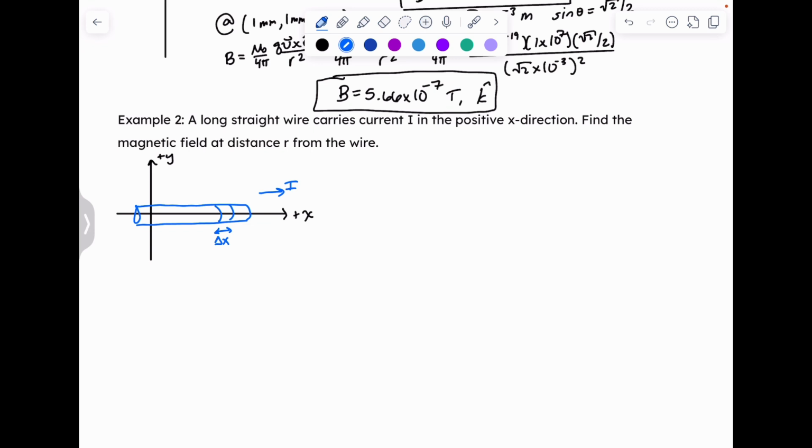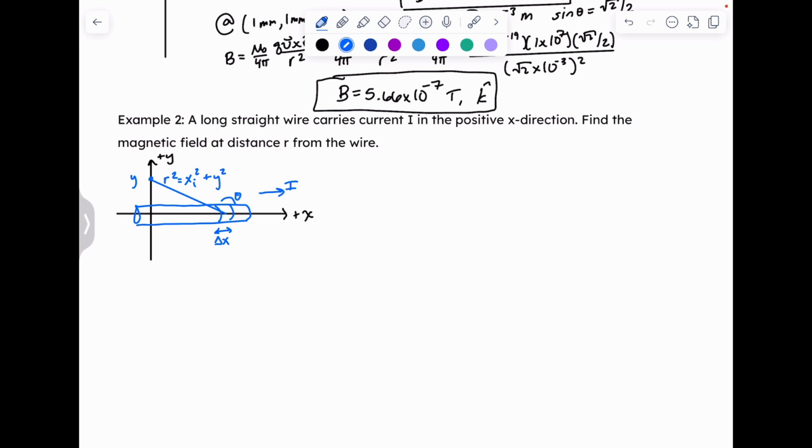And then at any point a distance y from the wire, to that point, my r squared is going to be that x location, so we're going to call that xi squared plus y squared, because we're holding that y distance constant, but we're going to be moving along little x's.